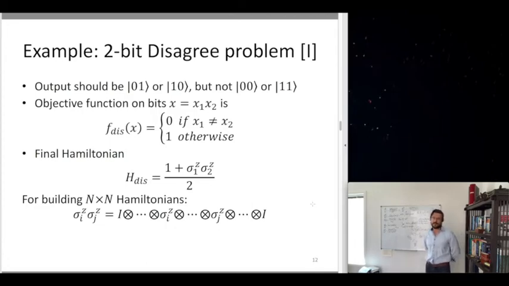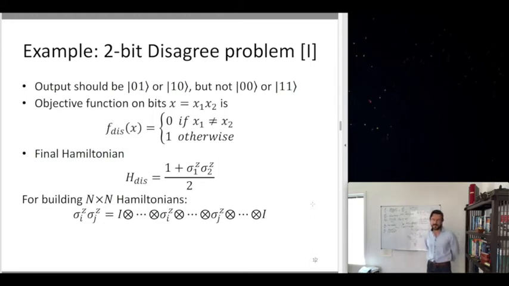You have 2 bits, which can be generalized to bigger systems, of course, and you want to make sure that the 2 bit values disagree. That's it. So the objective function on bits x1, x2 is given by this f disagree that we have here. Very simple. 0 is the output if they disagree, 1 otherwise, if they agree.